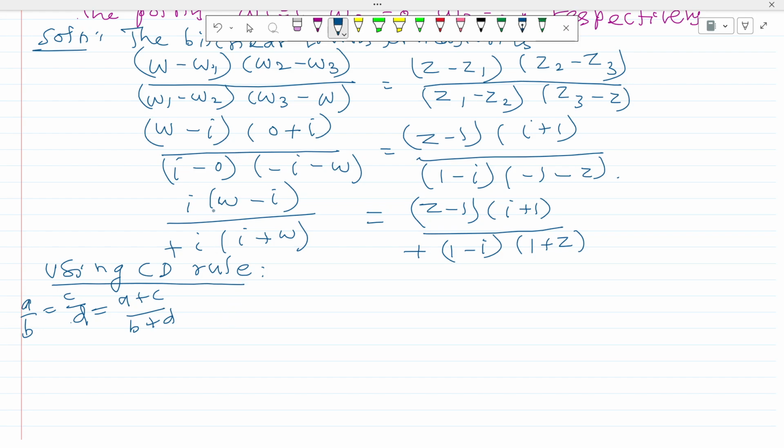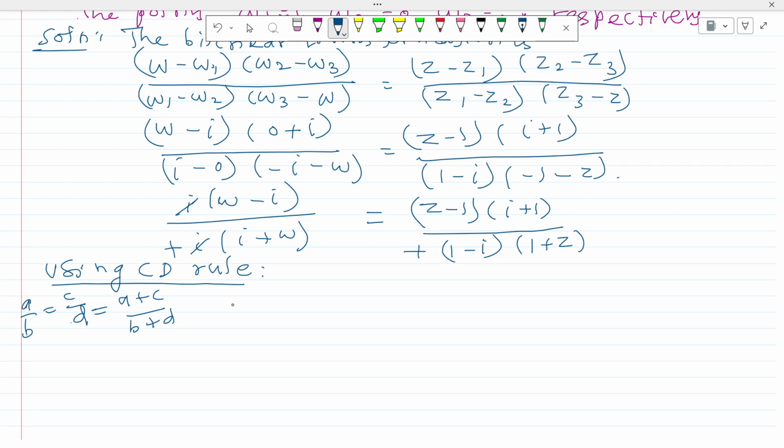We can write that I W minus I, we will check it once. In the numerator and denominator I I is there. I I get cancelled. Okay. Then only W plus I, W minus I, W plus I is there.